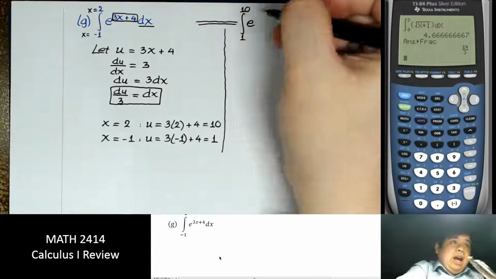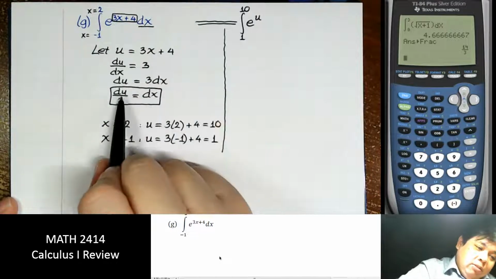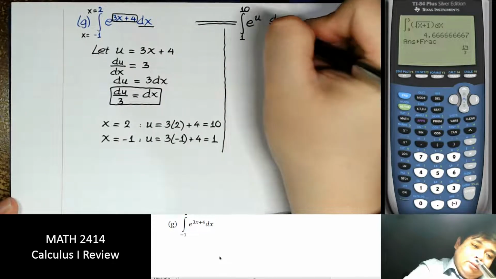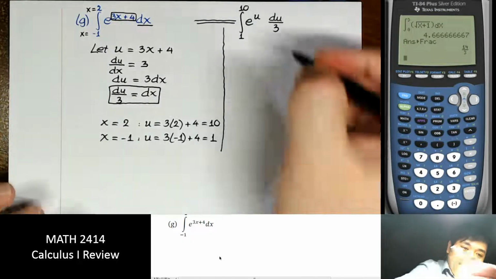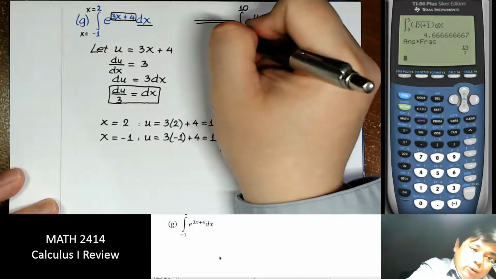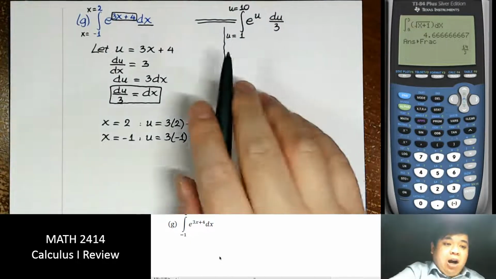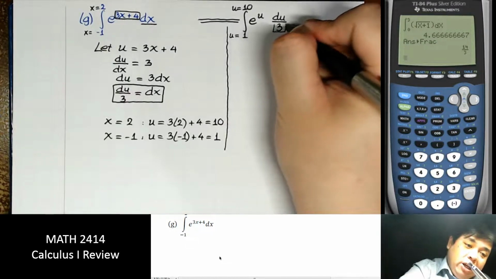e to the 3x plus 4. So that is u. And dx is du over 3. Right. And the limit here is for u. There's no x here to cancel, which is good. There's a constant 3 here.